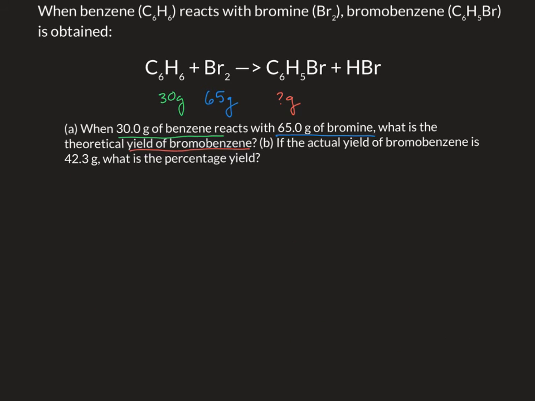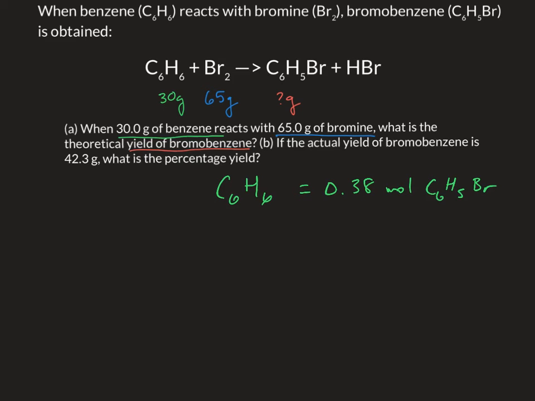Just so we have everything on the same board, I'm going to rewrite what we got. We ended up with 0.38 moles of bromobenzene, and this is what benzene gave us.